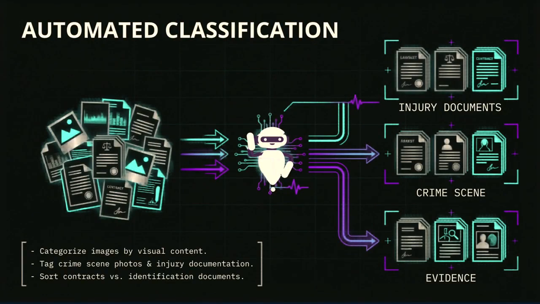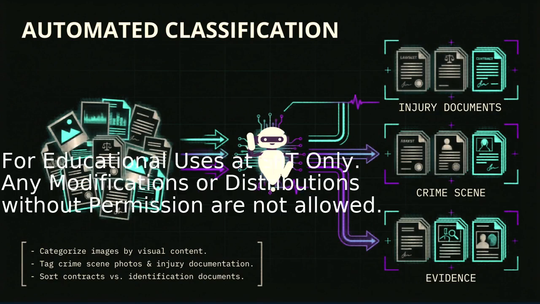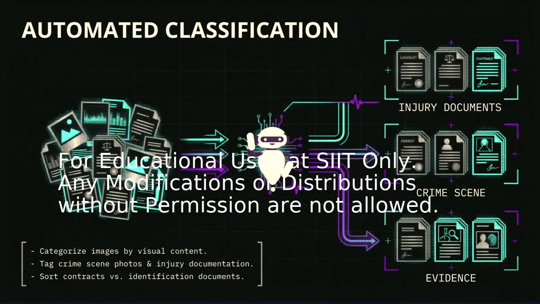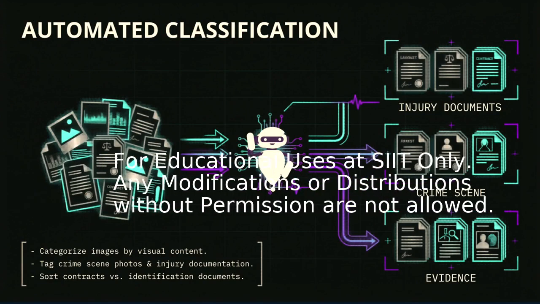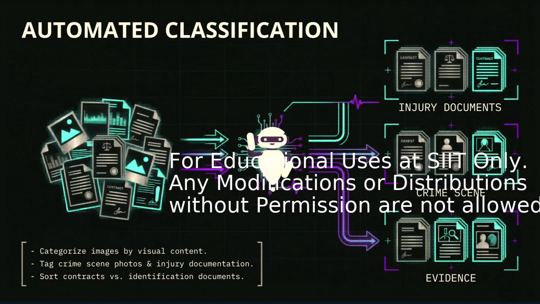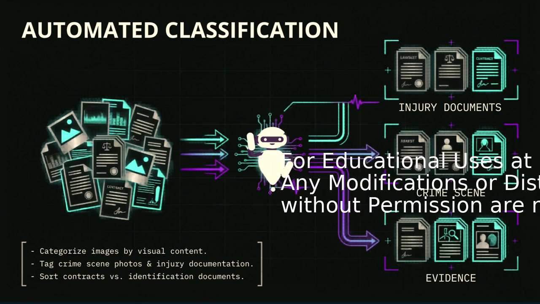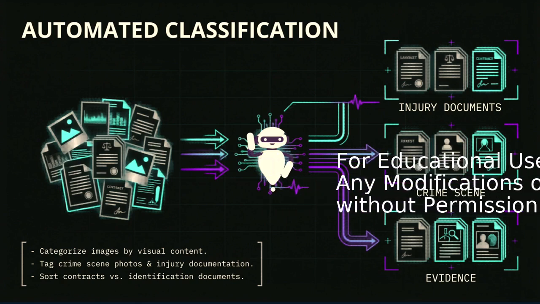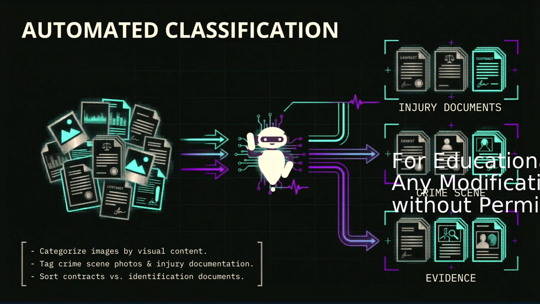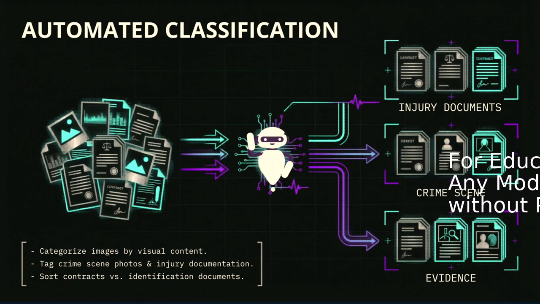Talking about the further process, when we extract text from the images of the document, we can categorize the document into categories like injury documents, crime scene, or other evidence. Imagine that we have case photos.